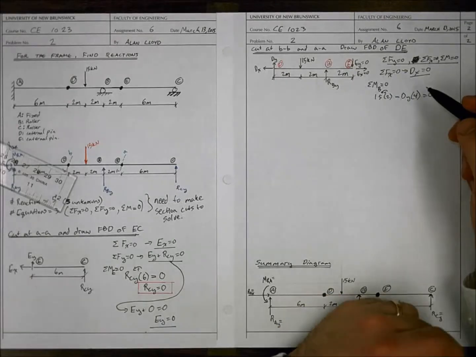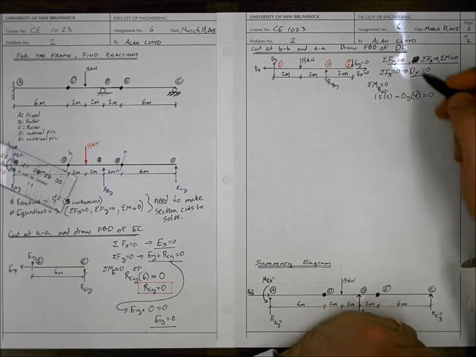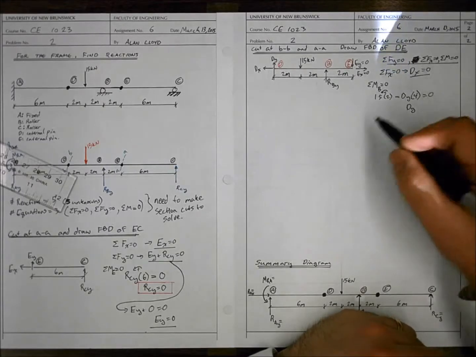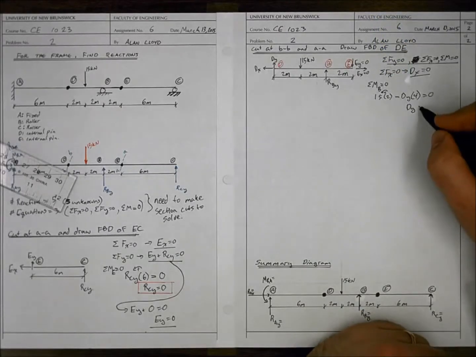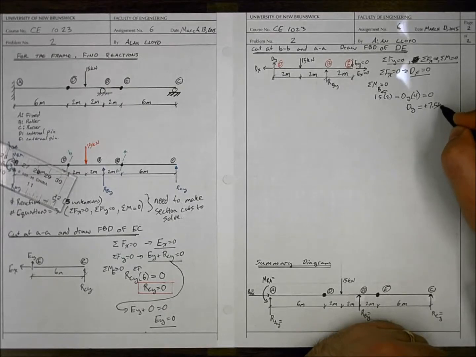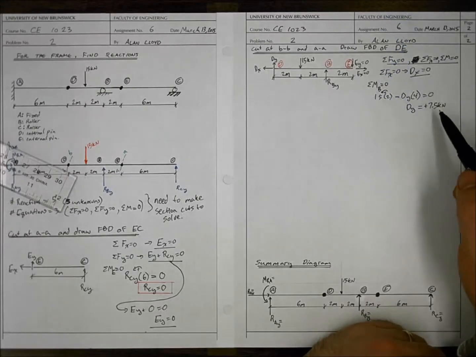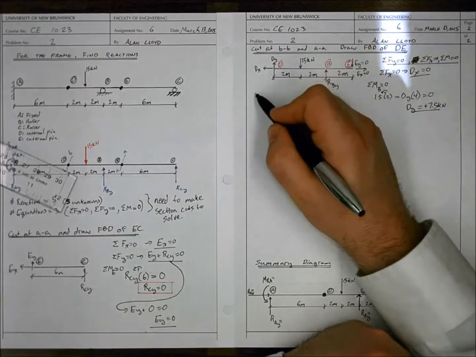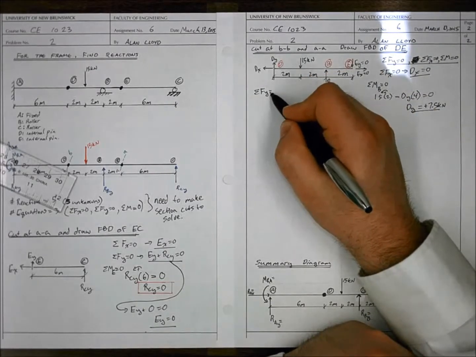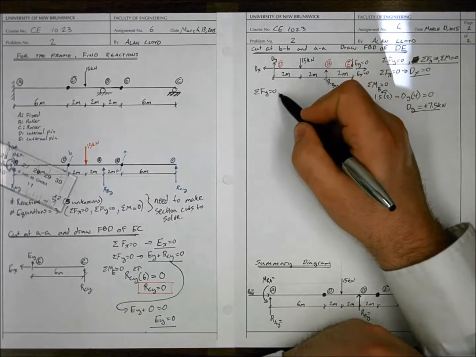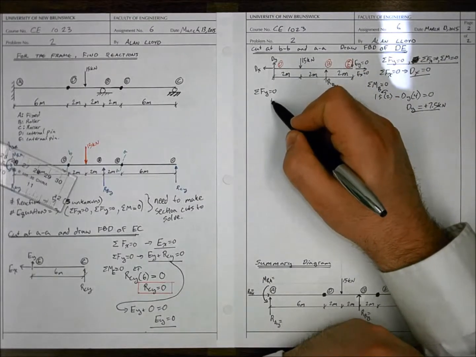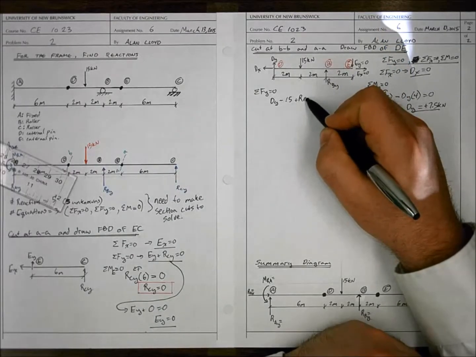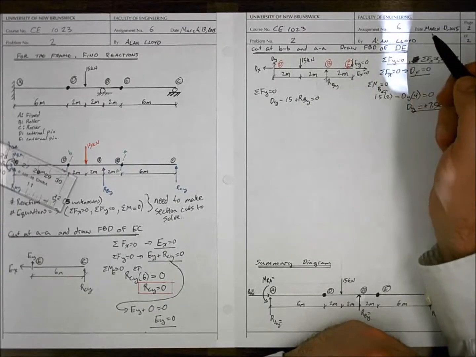If we expand this equation and solve for DY, we can see that DY, the internal force at the internal pin D, is equal to plus 7.5 kilonewtons. The plus indicates that we drew it in the correct direction. And finally, if we apply the sum of forces in Y equal to 0, we have DY minus 15 plus RBY is equal to 0.